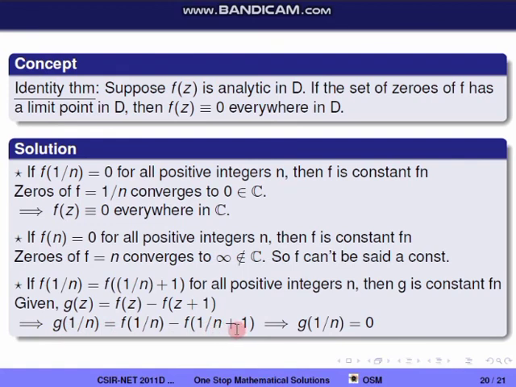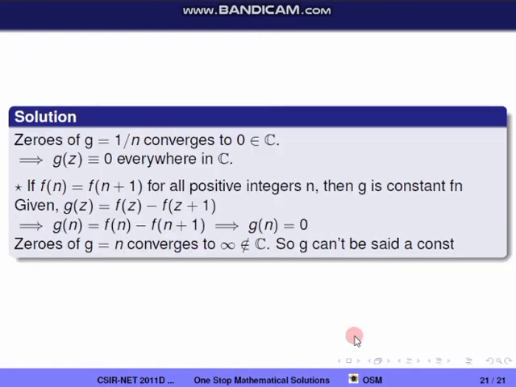They have given f of 1 by n equal to f of 1 by n plus 1. So when we use that, we get g of 1 by n is equal to 0. Now the zeros of g are 1 by n, which converge to 0, an element of C. Therefore, by the identity theorem, g of z is identically 0 everywhere in C. That is, g is constant. So option 3 is also correct.